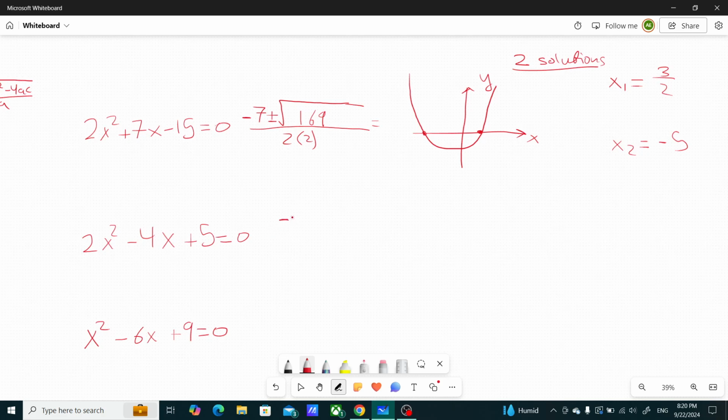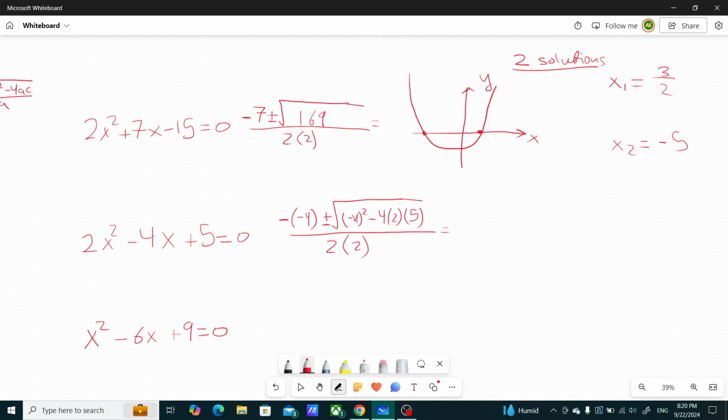So negative b, which is negative of my b, which is negative 4, plus or minus the square root of b squared, which is negative 4 squared, minus 4 times 2 times c, which is 5, all over 2 times a, which is 2.